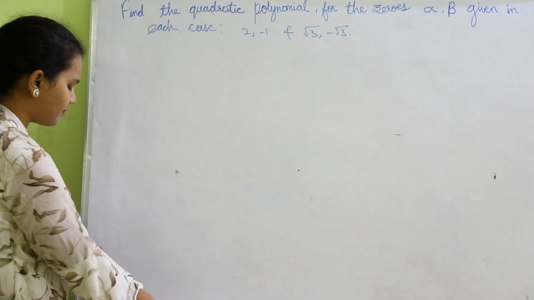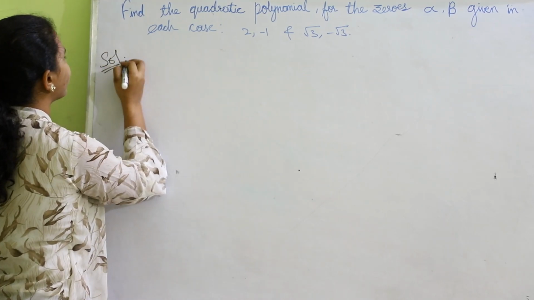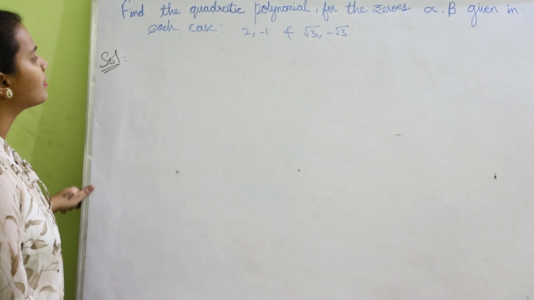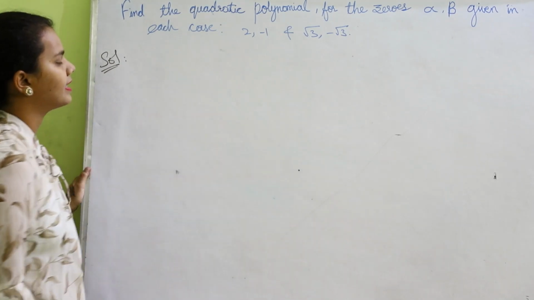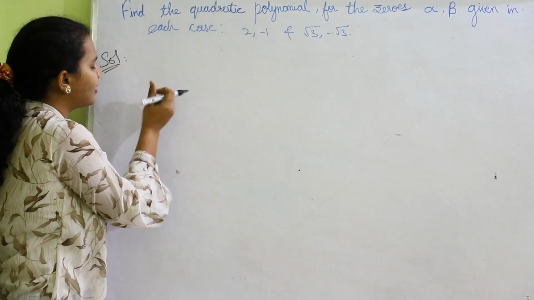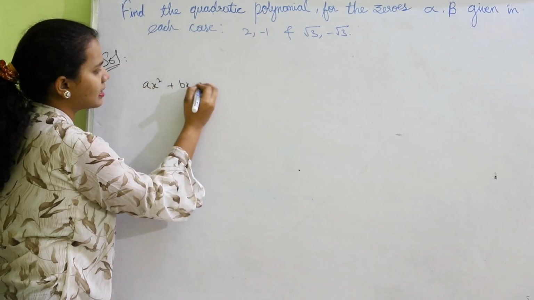Now the solution starts: find the quadratic polynomial. We must find the quadratic polynomial using these zeros alpha and beta. We know a quadratic polynomial will be in the form ax square plus bx plus c, right?